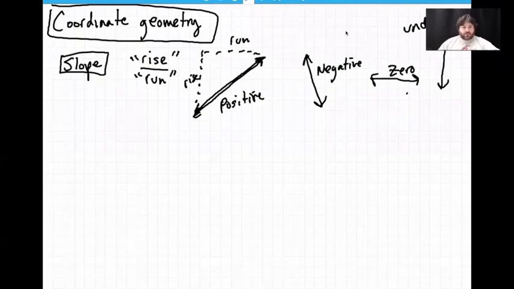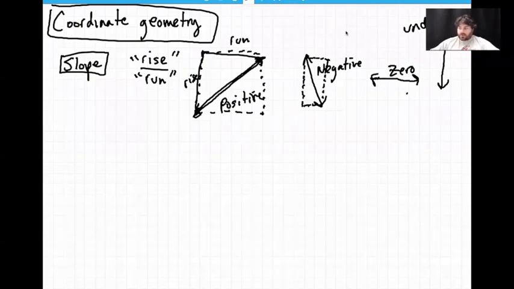And that really just comes from this rise over run. If you have a positive rise over a positive run, you get a positive. Or if you come the other direction, a negative rise over a negative run, that's a negative over a negative, that's still going to be positive. If we think about it as a negative rise over a positive run, that's a negative over a positive, that gives me a negative. If I do a positive rise and a negative run, that gives me a positive over a negative, that's still negative.